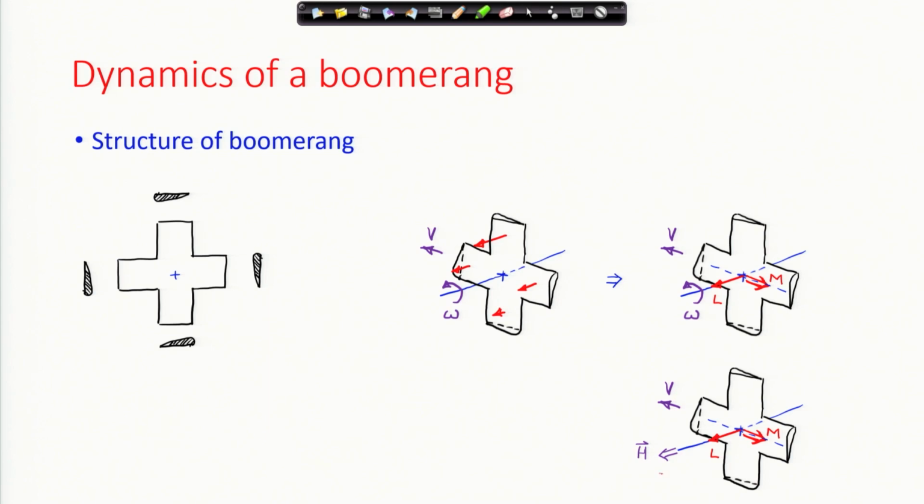Therefore, we have the angular momentum, roughly aligned with the spin axis, because the precessional angular speed that we will calculate will be quite low. It will have the highest angular momentum because of spin.